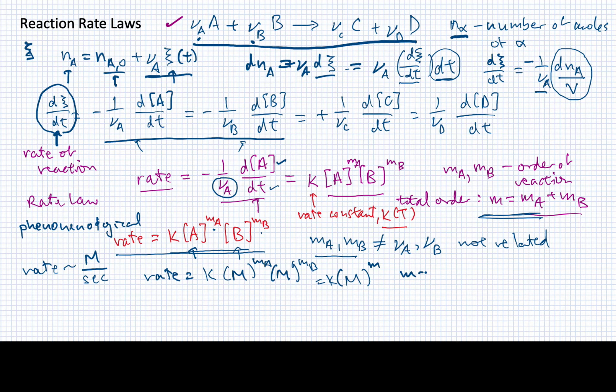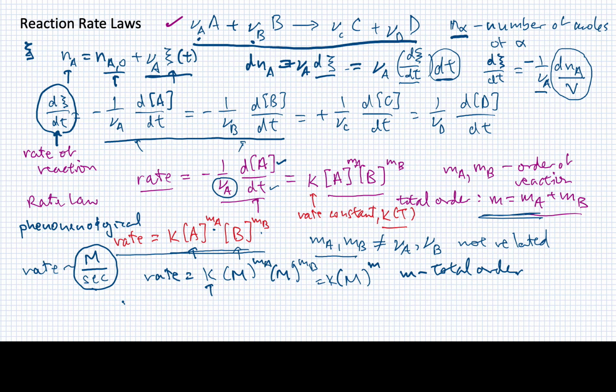So m is the total order of the reaction. Now, what does that mean? Well, that means that we have to set the units of our rate constant so that it ends up generating the correct units for the rate.